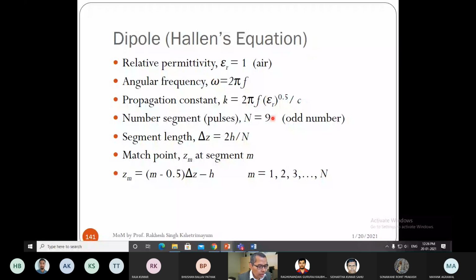The number of segments is 9, like last time. We take an odd number so that we can find the input impedance at the center of the wire dipole antenna. Delta Z is the total length of the dipole divided by the total number of subsections. The observation point is at the center of the mth segment, and that is m minus half delta Z minus h, with m going from 1 to capital N.